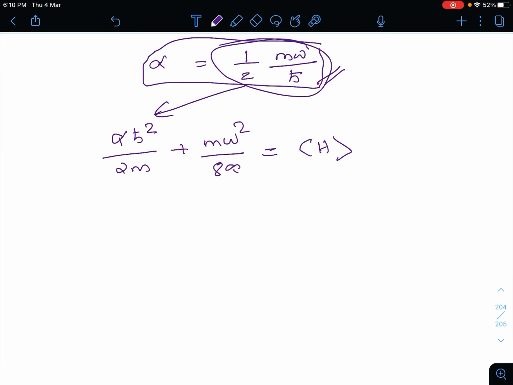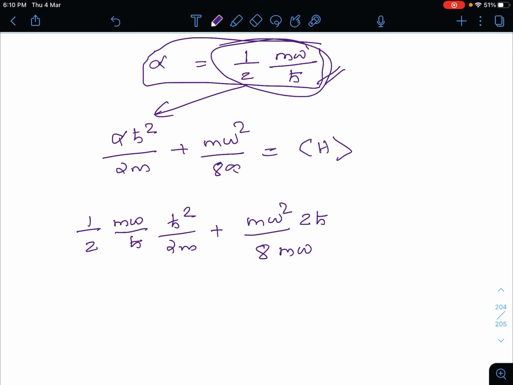So let's put back that. So put alpha is equal to half m omega by h cross. Half m omega by h cross, square by 2m plus m omega square by 8 times m omega by h cross.